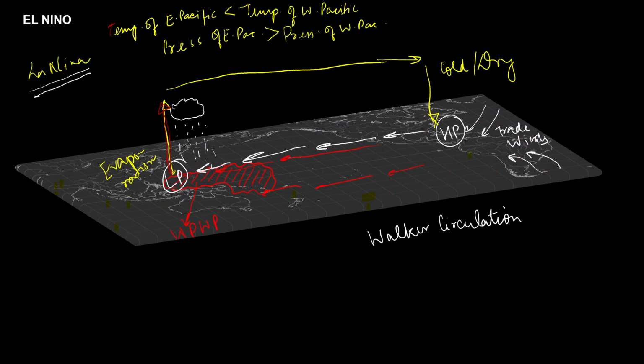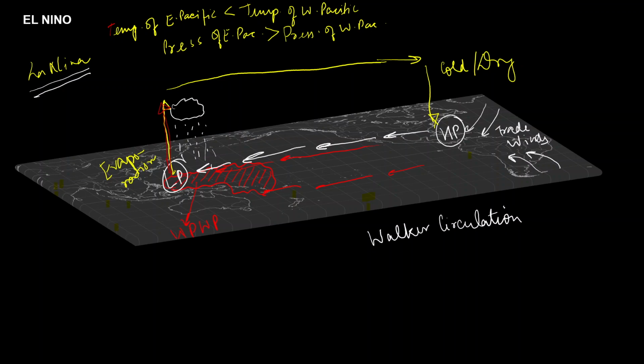Lot of rainfall on the western Pacific side because of the western Pacific warm pool. The eastern Pacific suffers droughts. It has no rainfall because of the cold and dry air which sinks over there. I am not discussing the oceanographic phenomena associated with El Nino and La Nina because I just need to tell its impact.